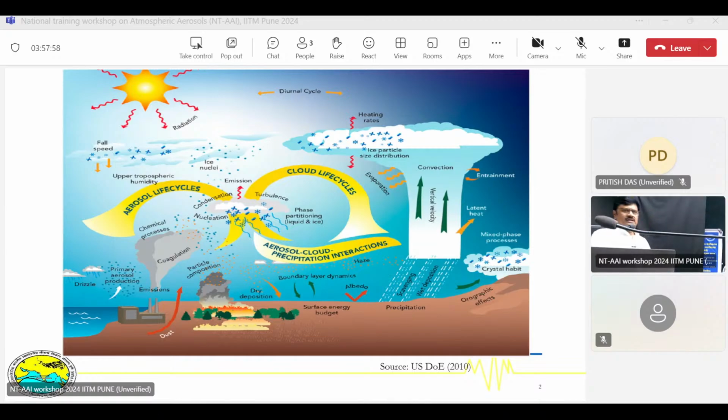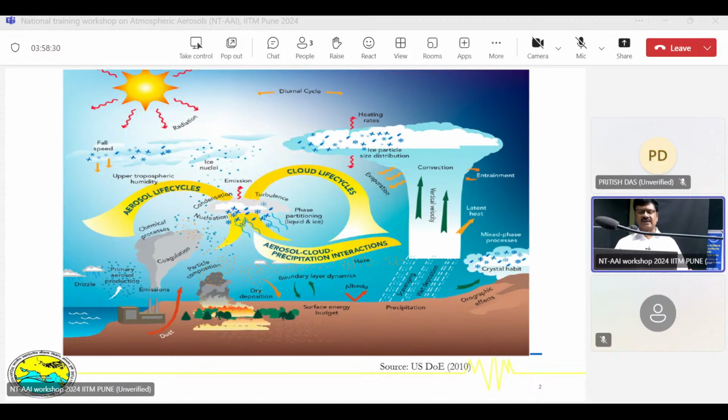Some of them act as cloud condensation nuclei, and very few act as ice nuclei. So it's a very complex aerosol cloud life cycle. In turn, it can alter the precipitation. To understand these processes, we need a lot of measurements with advanced instrumentation.